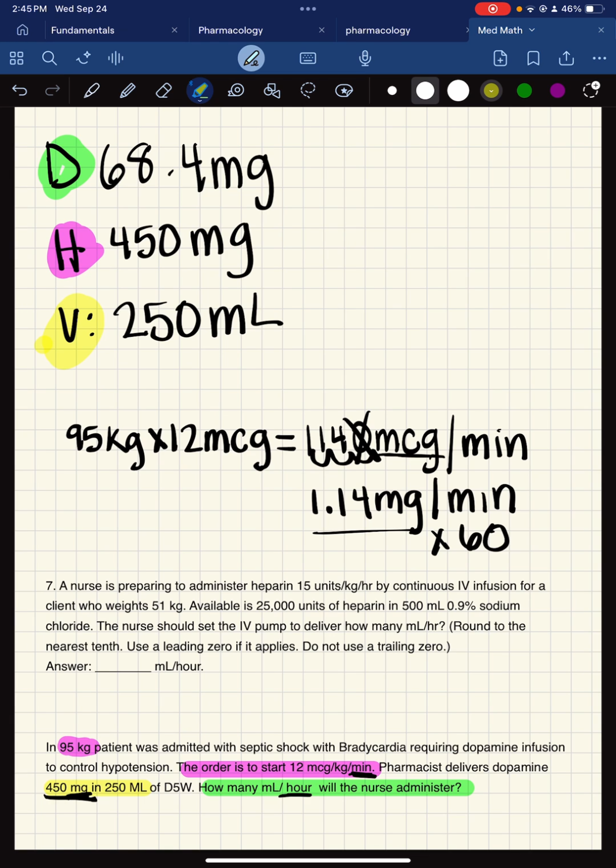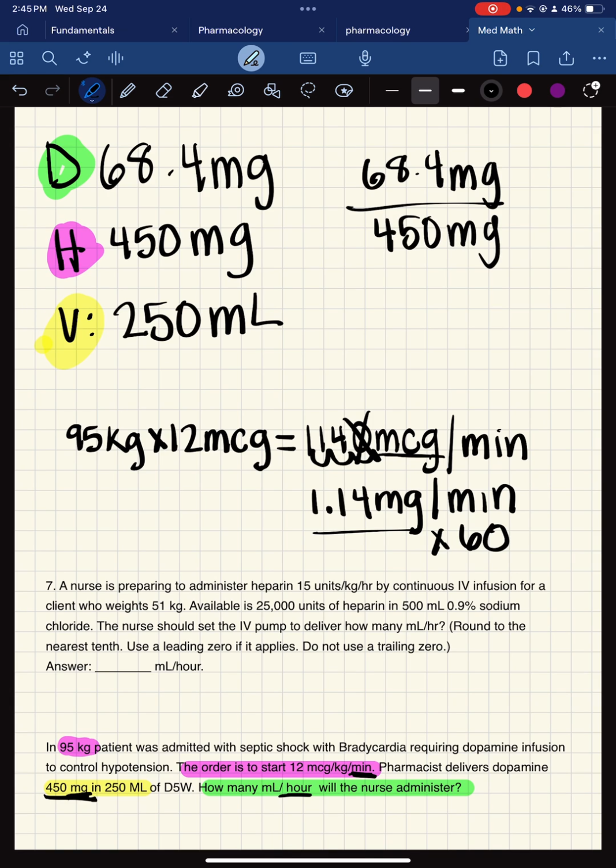So now we could go ahead and assemble this. So what's the doctor ordered? 68.4 milligrams. What did the pharmacy send over? 450 milligrams. And what's our volume? 250 ml. And we're going to go ahead and solve that.